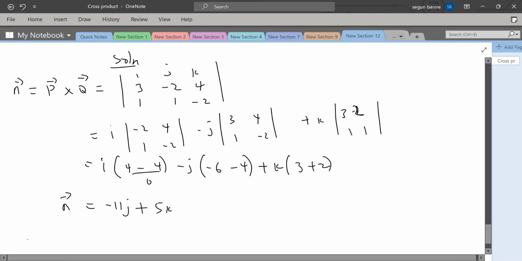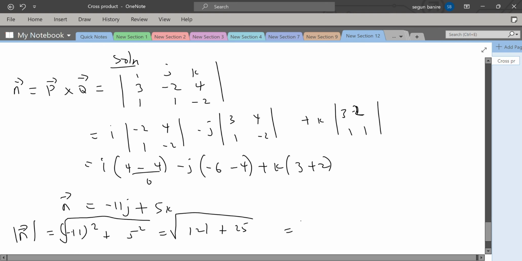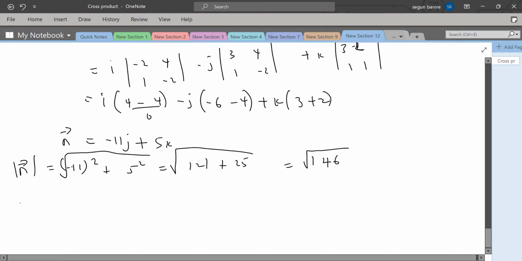So we need the magnitude of N, which is minus 11 squared plus 5 squared. So 121 plus 25. So that is 146.